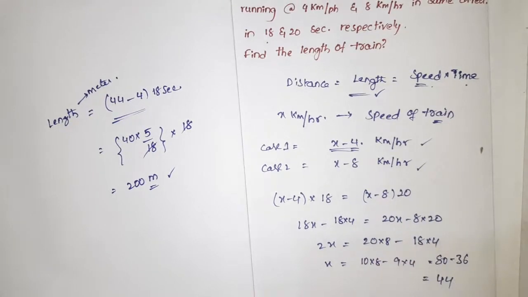And the second thing we used is that the distance traveled by the train in crossing a man is nothing but the length of the train itself. If you are not familiar with this particular point, please go through lecture number 1 on trains.